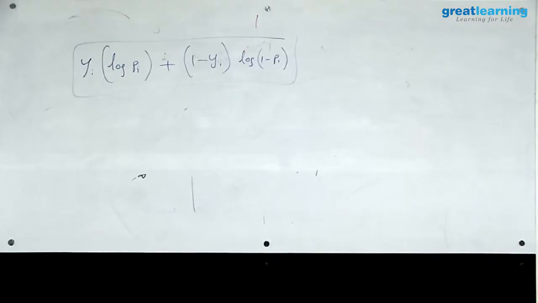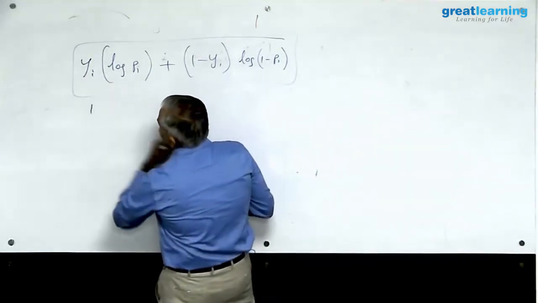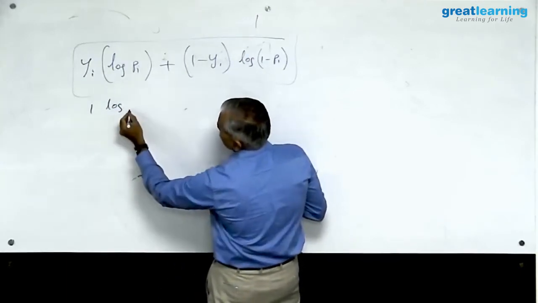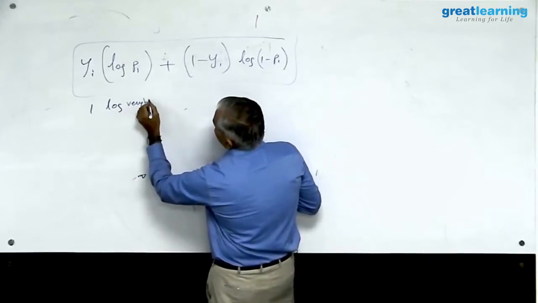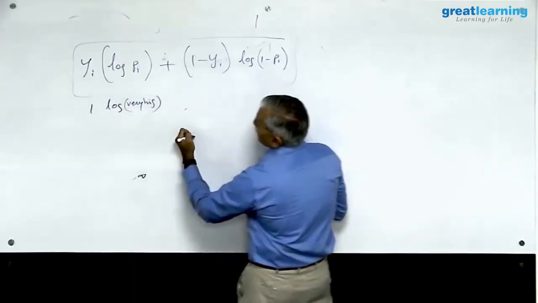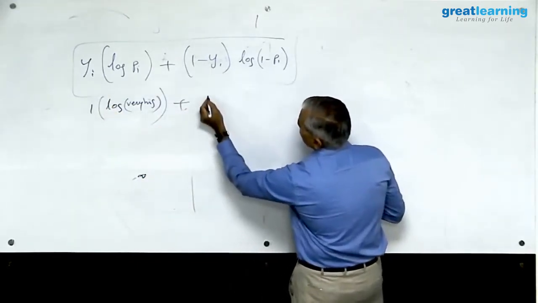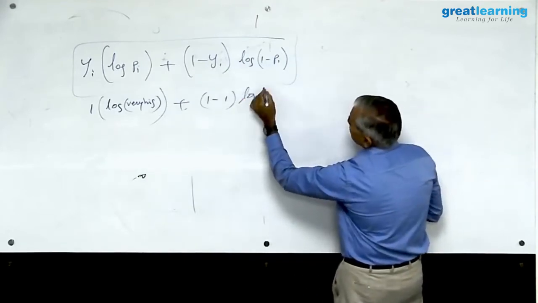So come to the equation. In the equation, you substitute yi is 1 into log of a very high number. When you take log of a very high number, it's almost close to 1. Plus 1 minus 1 becomes 0, and whatever expression is here will be 0.